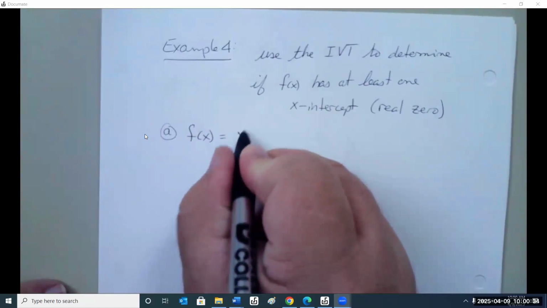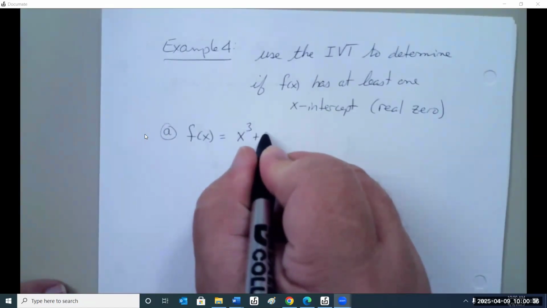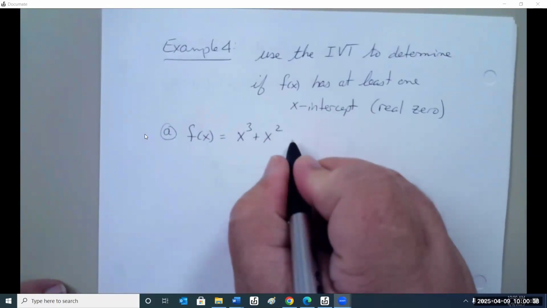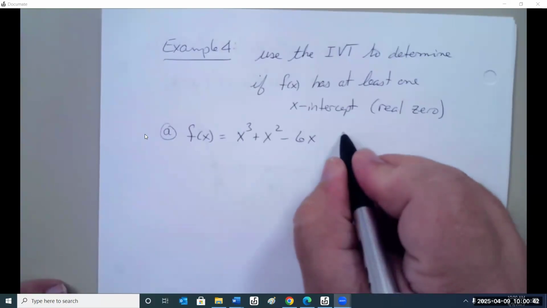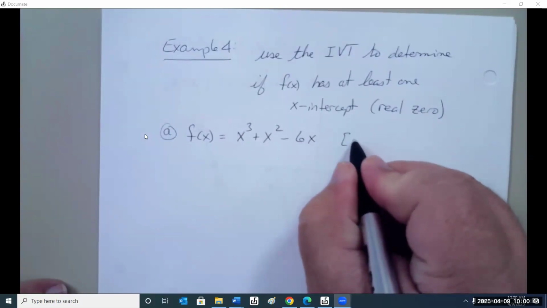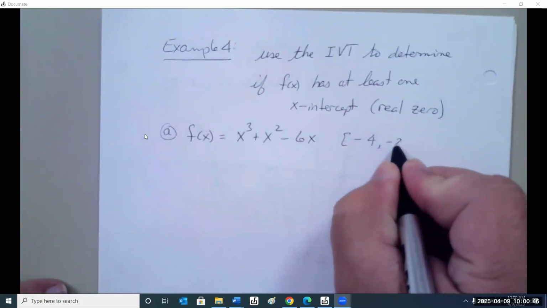So here's the first one. x cubed plus x squared minus 6x, on the interval -4, -2.